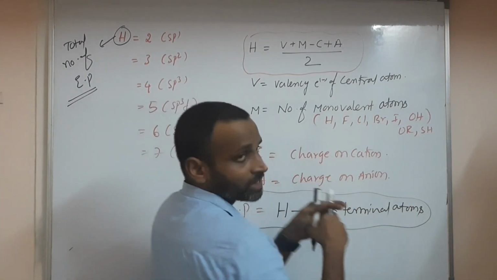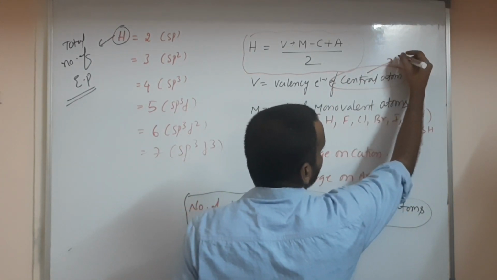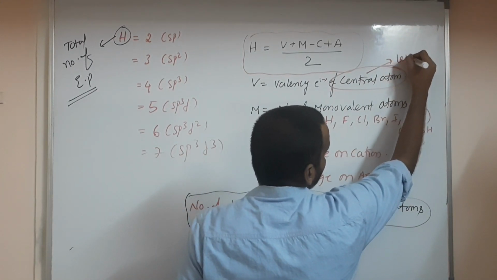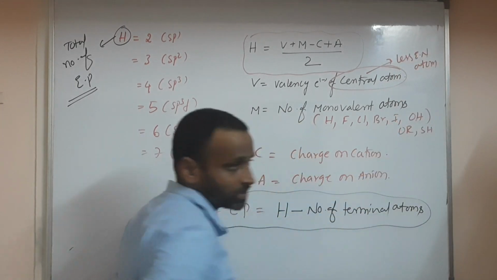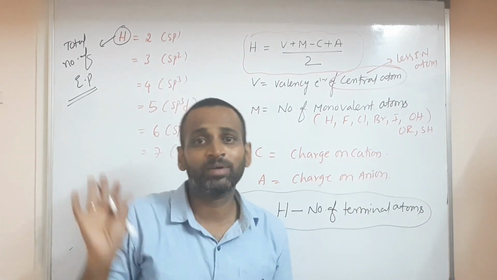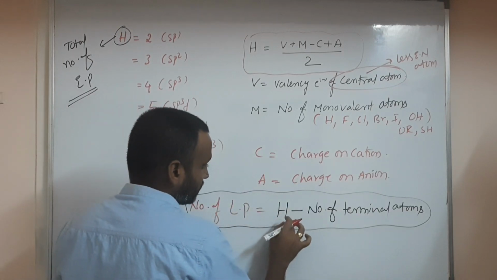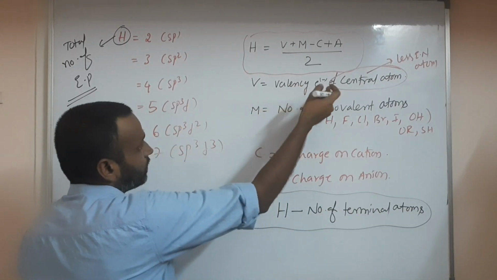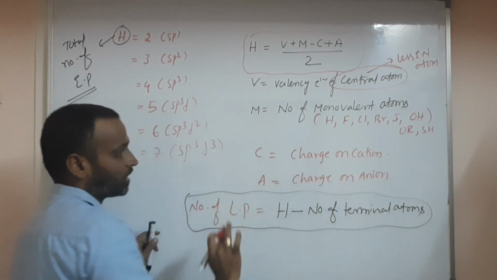So how to identify the central atom? I told you this already. The central atom is the less electronegative atom, except hydrogen and fluorine. Hydrogen and fluorine will never have hybridization. Remember this. So hybridization you get from valence electrons, monovalent atoms, charge on cation and charge on anion.